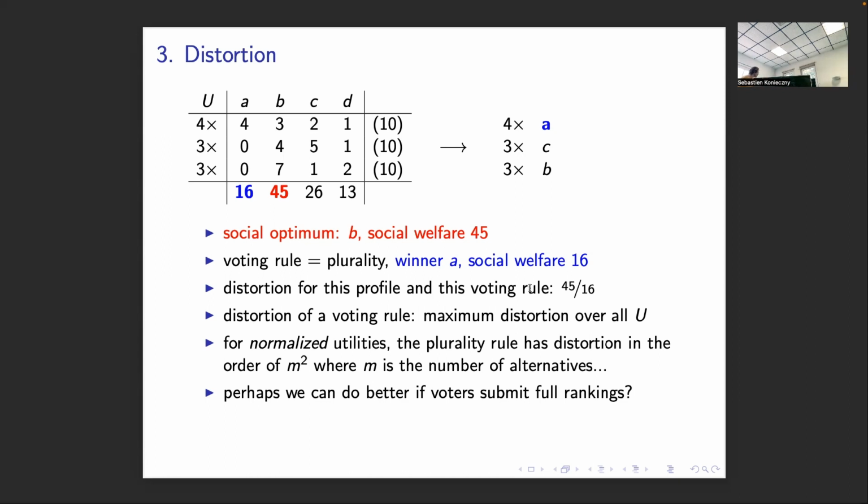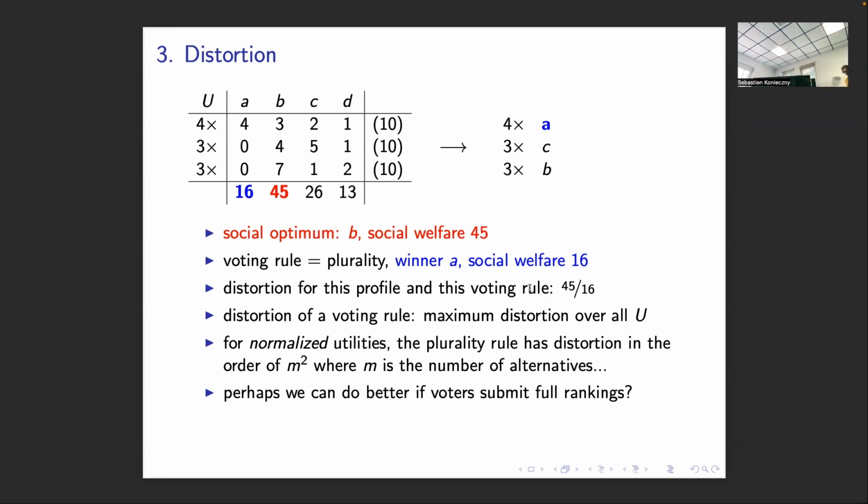And x2, you see, it's n/2 plus 1/5. And if we replace 5 by m, the number of alternatives, then we get 1/m. And here we get n/2 plus 1/m. So you see that the distortion is in the order of m squared.